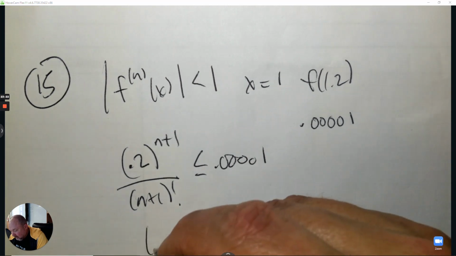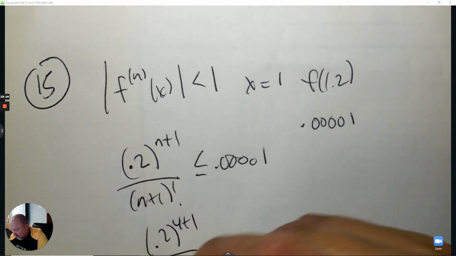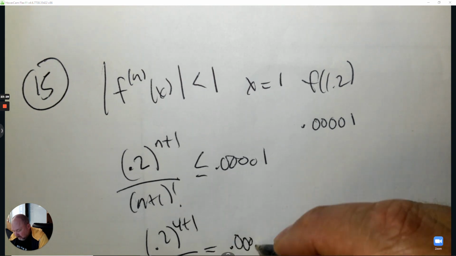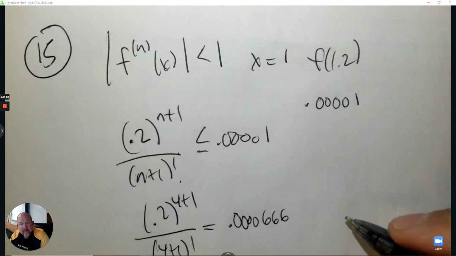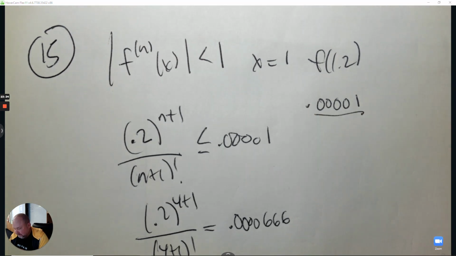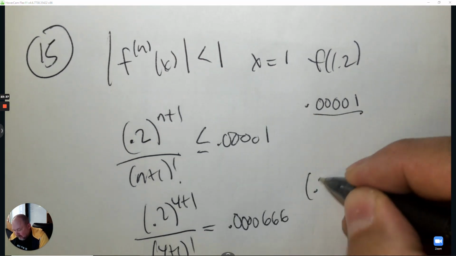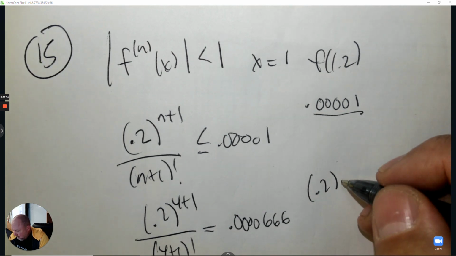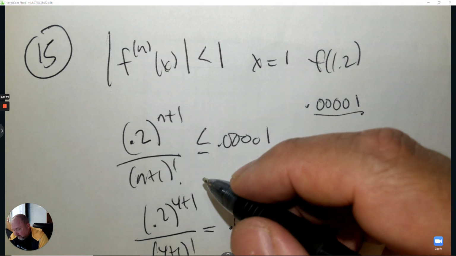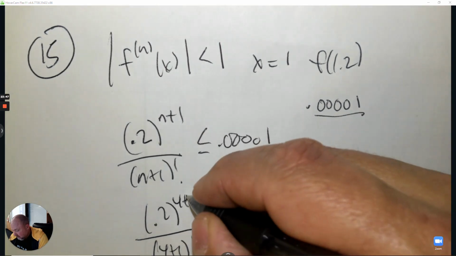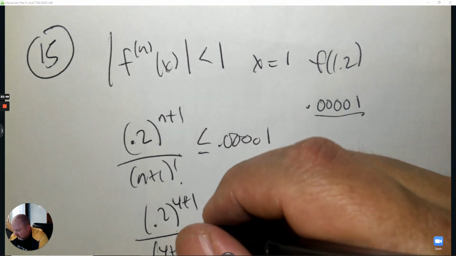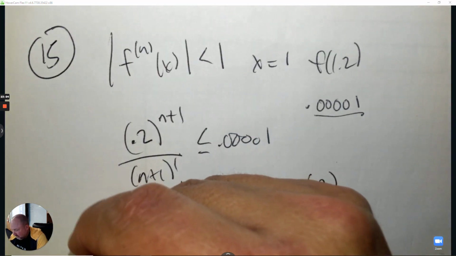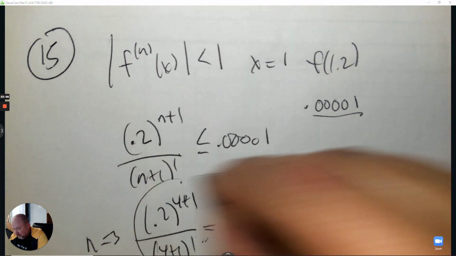And if I plug in 4 and use my calculator, that answer is 0.0006666. That's too big. Sorry, if you try 3, it's too big. So if n equals 3, this is what it would look like.